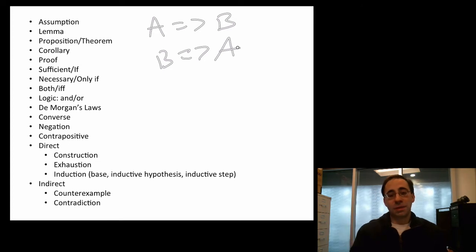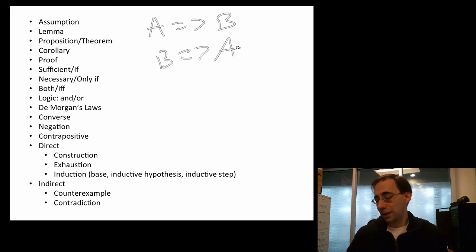Just because A implies B does not mean B implies A. For instance, if I have 2 pennies, that implies I have less than 5 pennies. If I have less than 5 pennies, it does not imply I have 2. I could have 1, I could have 3, I could have 0, and so on.